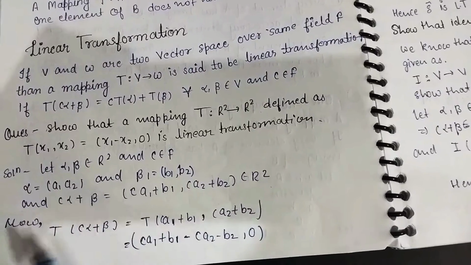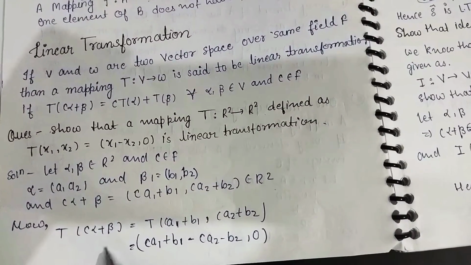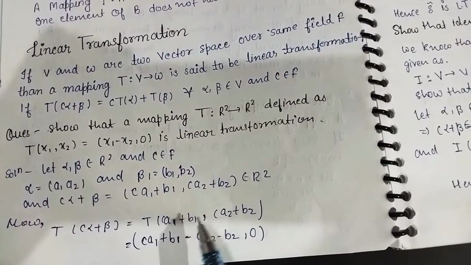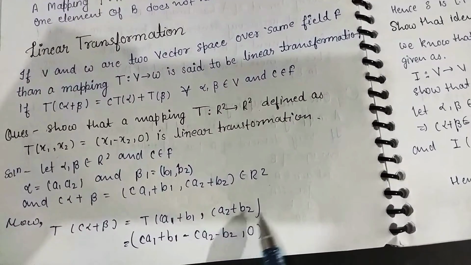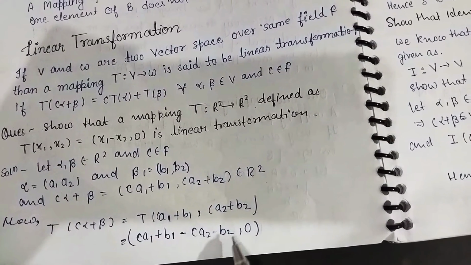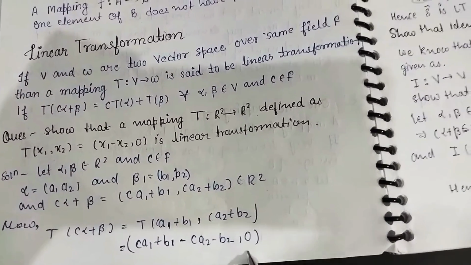Now T(cα + β) = T(ca1 + b1, ca2 + b2) = (ca1 + b1 − ca2 − b2, 0).